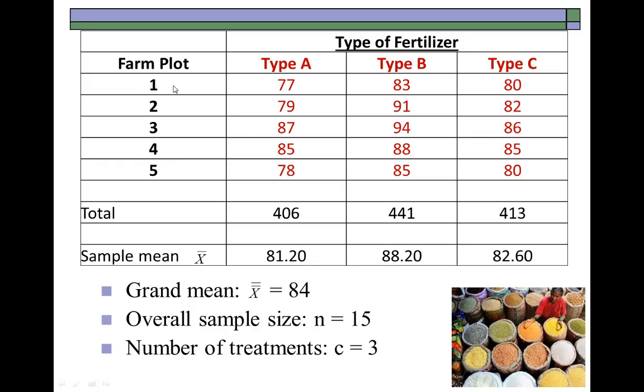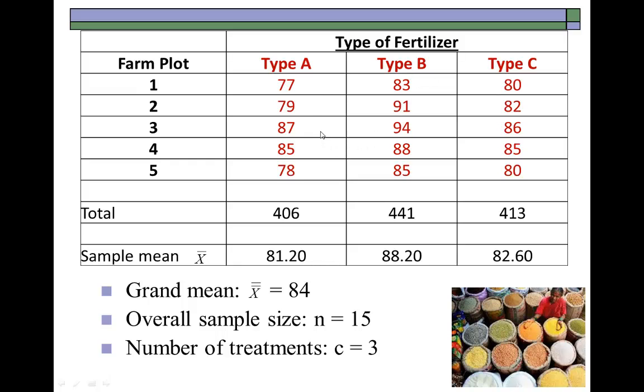Each farm plot is subdivided into 3 portions, and then each portion would be treated with each of the 3 types of fertilizers. And so for fertilizer type A, these are the average crop yields actually that are achieved with this treatment, and ditto for types B and C.